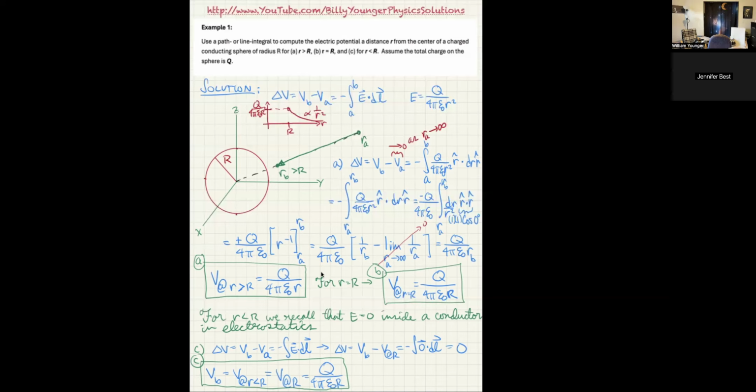But then the electric field dropped to 0 inside. That was for the electric field.